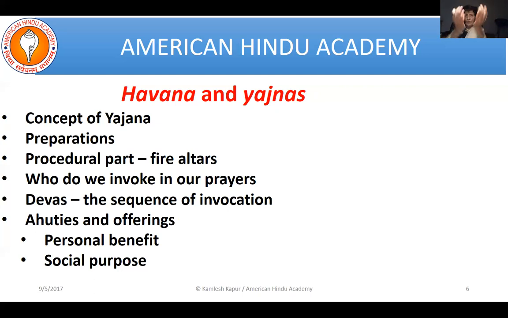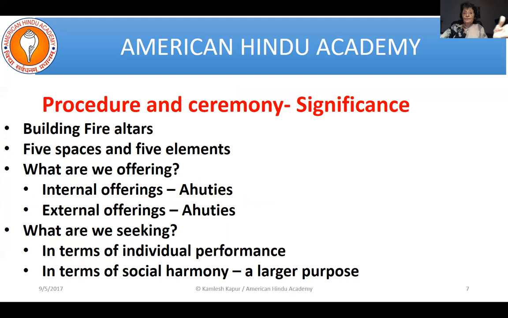So offerings are called ahutis, and there's no personal benefit. It's a social purpose, and it's also a way of showing that eventually nature is powerful. It is awesome, magnificent. It can be disastrous also, but it is beautiful.